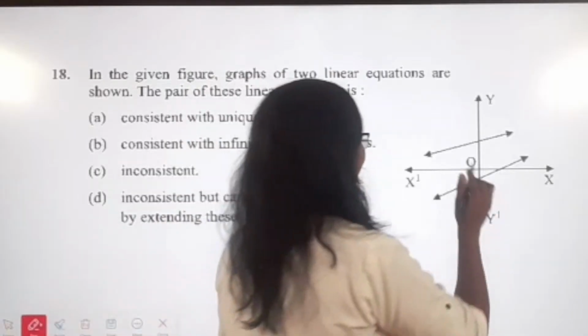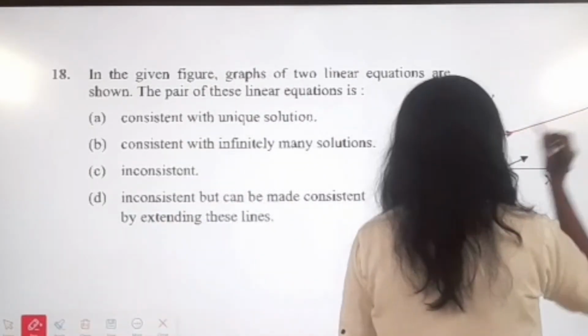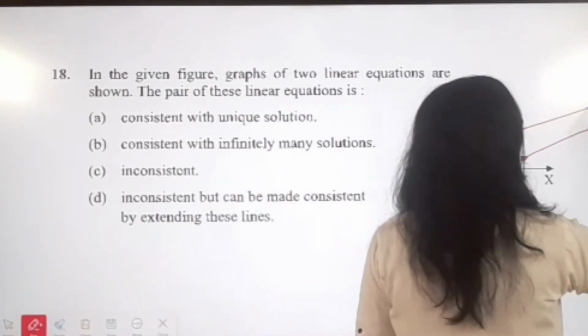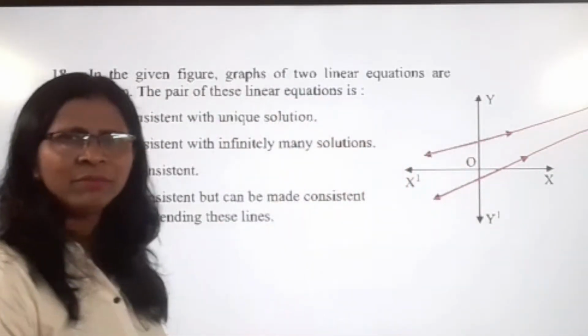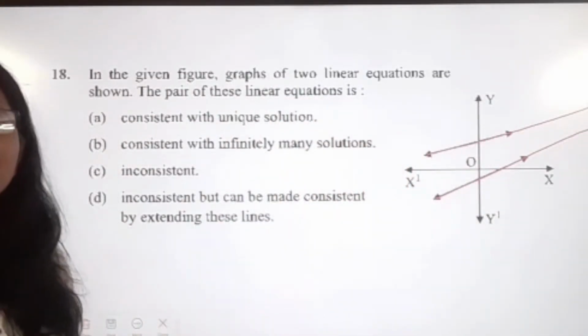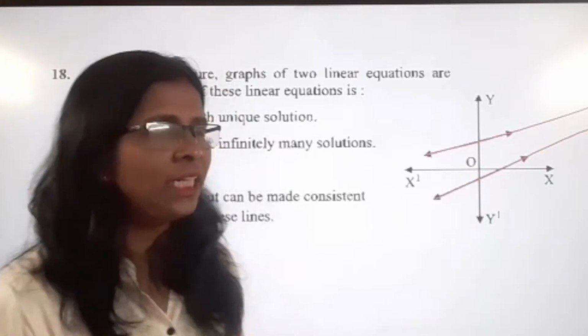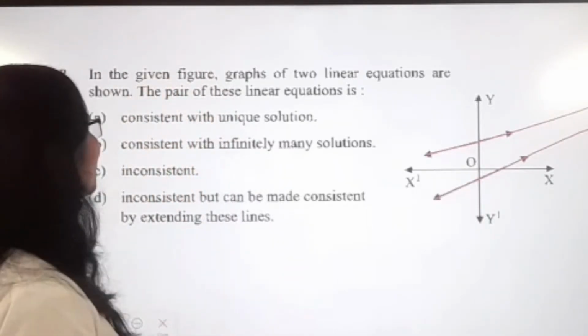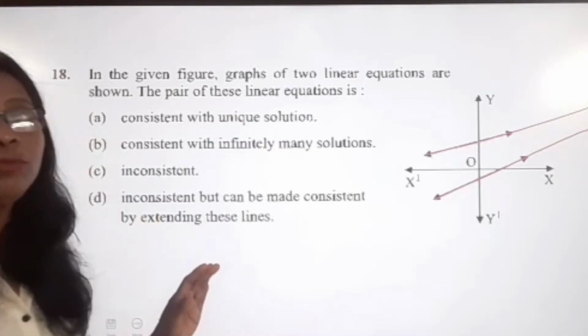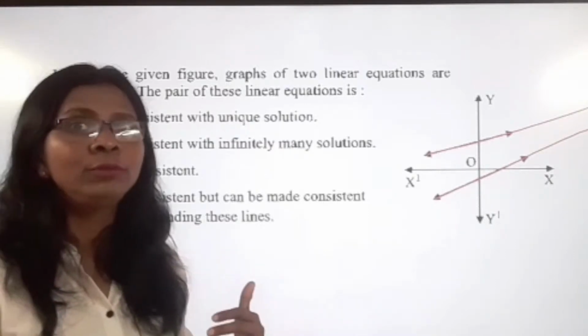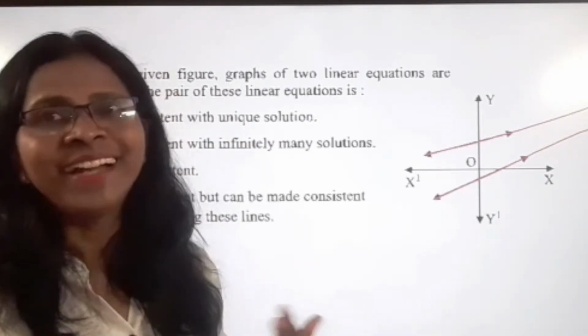If you extend these two lines, they can meet at one point here, maybe at one point at an infinite distance. So now, students, first we see the options to find which one is the correct one.